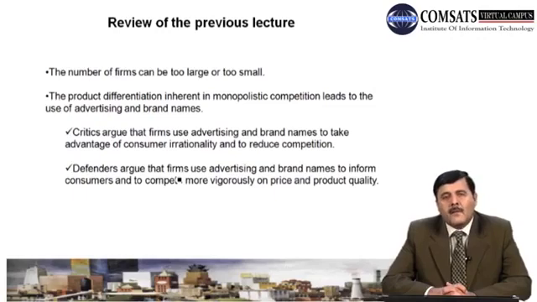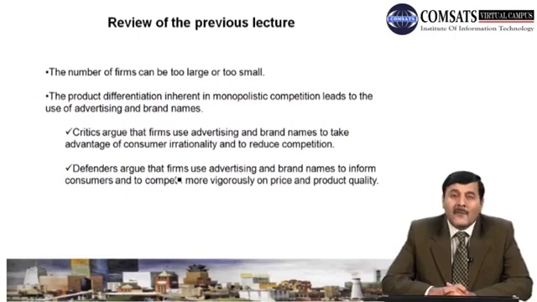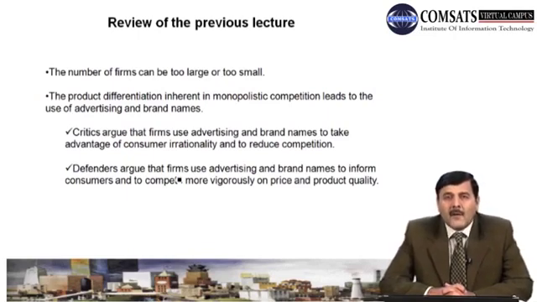Since the product being sold under the monopolistic competitive market is differentiated, and the firms have to face competition among each other, how can they increase their revenue and profit, and how can they sell more of their product?